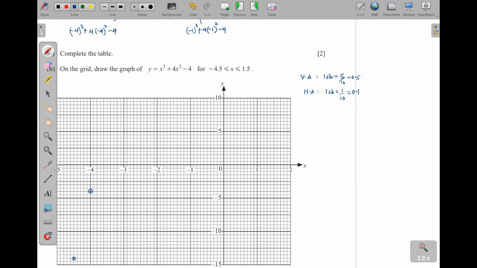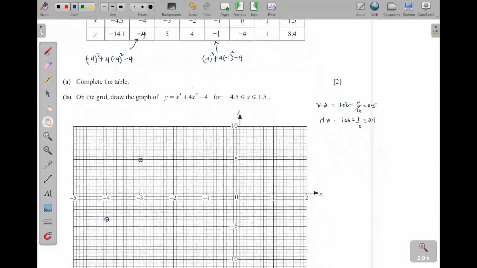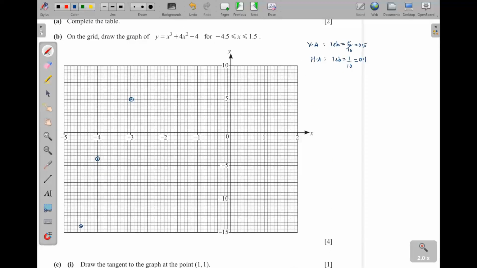This is a cubic curve. So cubic curves can be like that or like that. So that is what we are trying to plot here. Then the next one, we are supposed to plot negative 2, 4. Negative 2 and then the 4. So it is here. Then I put my small circle.